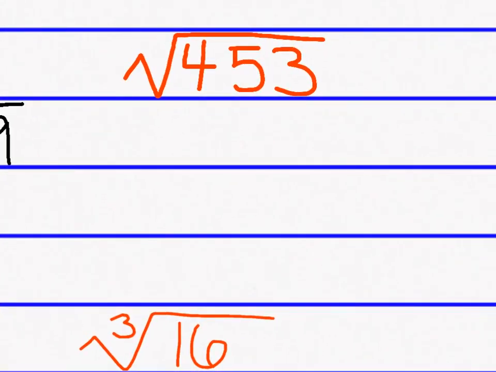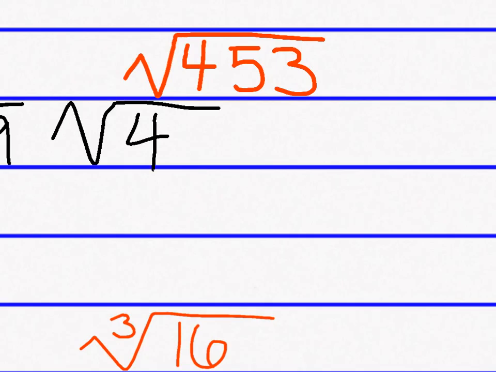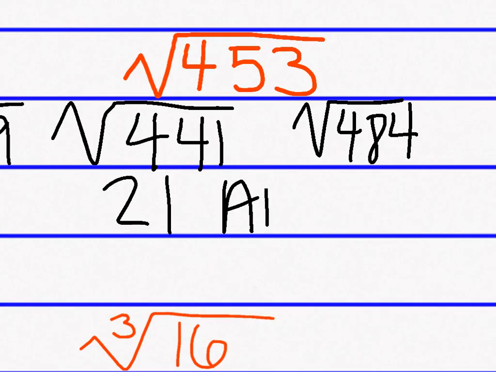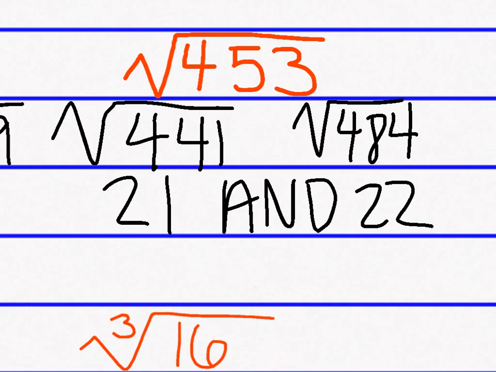Alright, going over to this one over here, the square root of 456. That's going to be between the square root of 441 and the square root of 484. So that's going to give you an answer of 21 and 22.